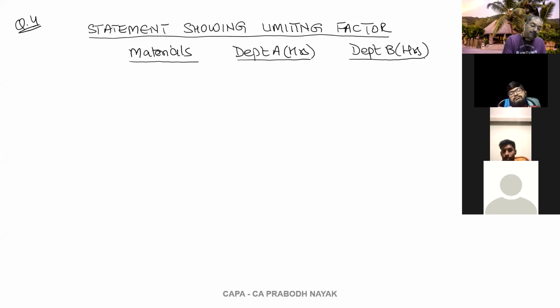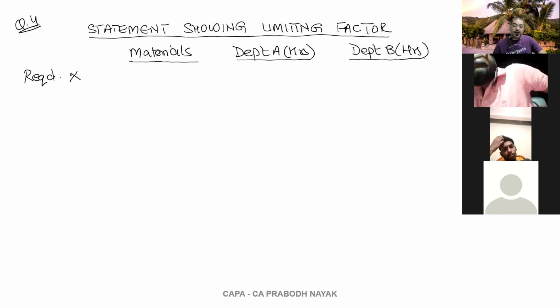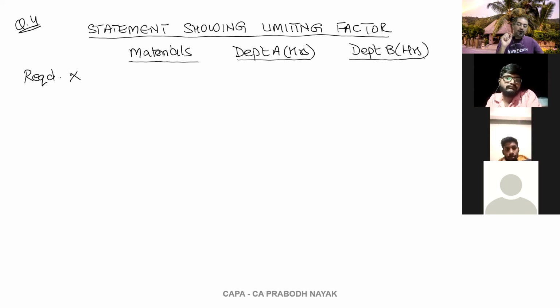Okay, starting with required quantity of X. How much materials are required for X? 7,400 units you are going to sell, and each unit of X requires 2 kgs of direct materials. So 7,400 into 2, that is 14,800 kgs.